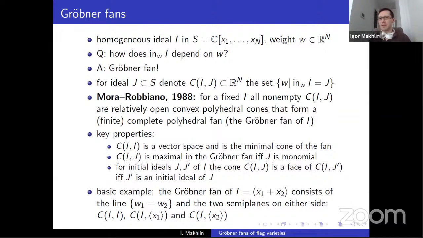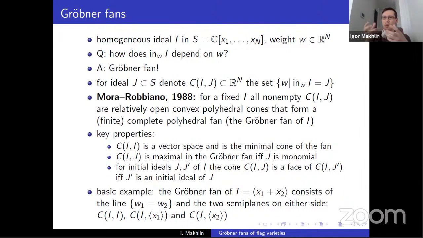What relatively open means is that a set in the real space is an open set in its linear hull. So you take the minimal linear space containing this cone, and it has to be open inside that space.